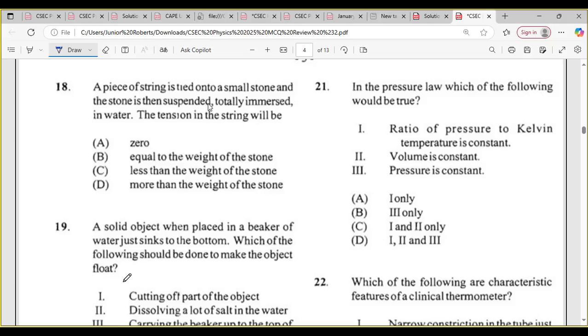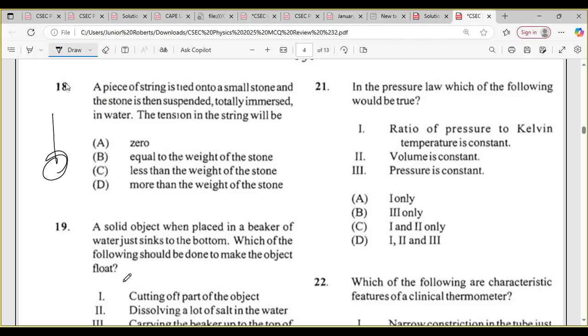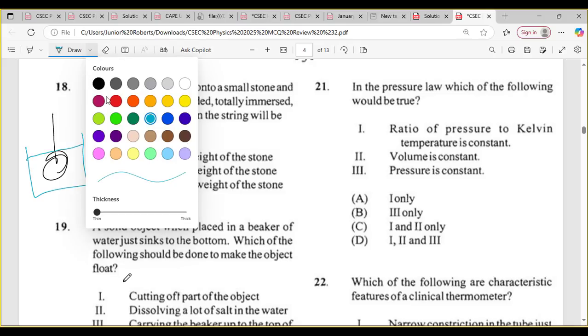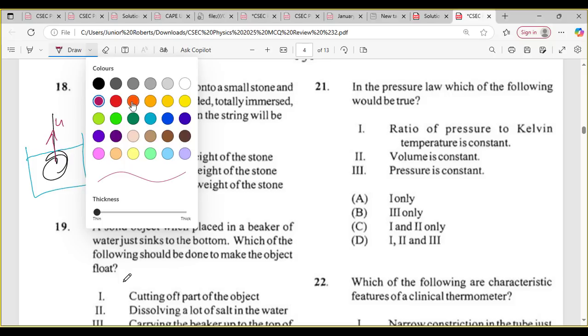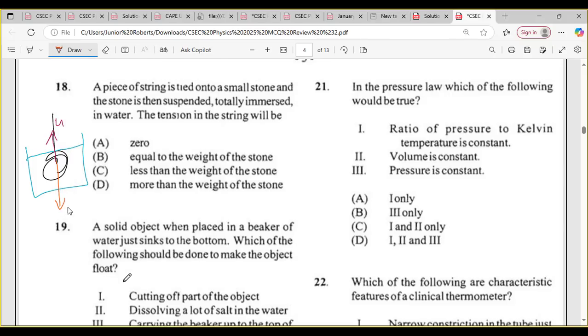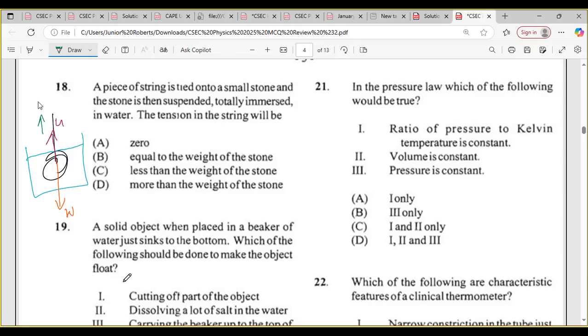So since this is suspended in the fluid, if we have our stone like this, suspended in some fluid, we're going to have an upward force, which is our upthrust, and we're going to have our weight acting downward. Now, since it is being supported by this string, there's going to be a tension along the string, right? Now, the tension, T, will be acting upward along the string.